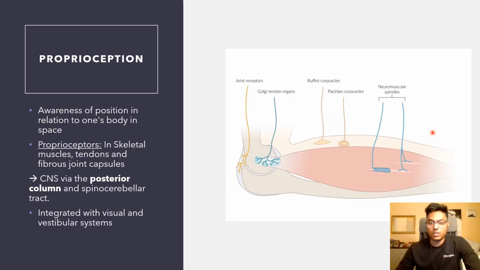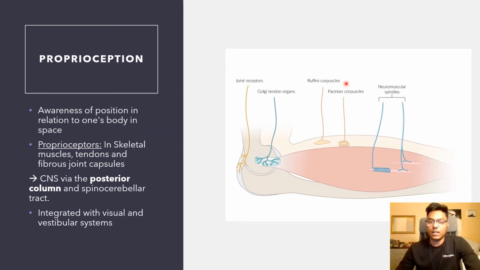The neuromuscular spindles, which are present in our intrafusal fibers, measure the rate and degree of stretch. The Golgi tendon organ monitors the tension in our tendon, whereas the joint kinesthetic receptors measure the stretch in our synovial joints.